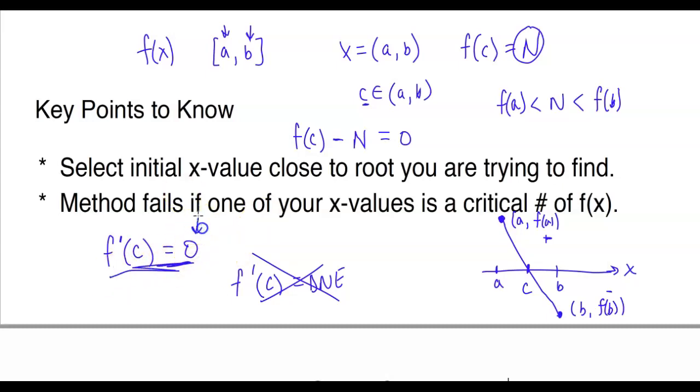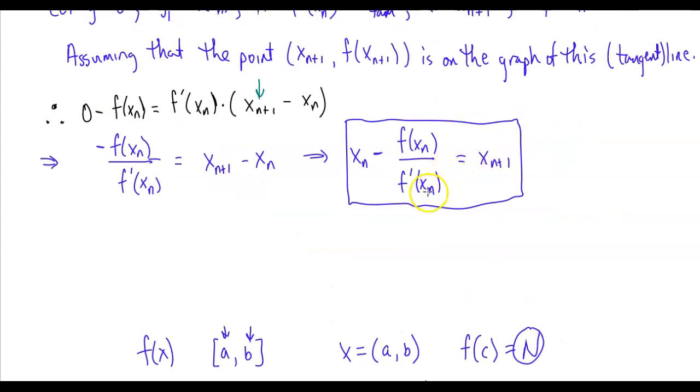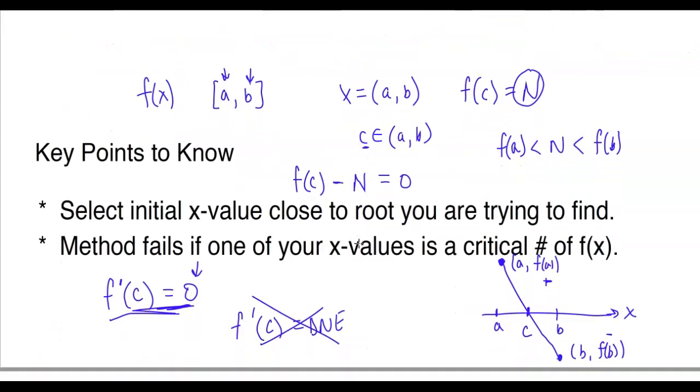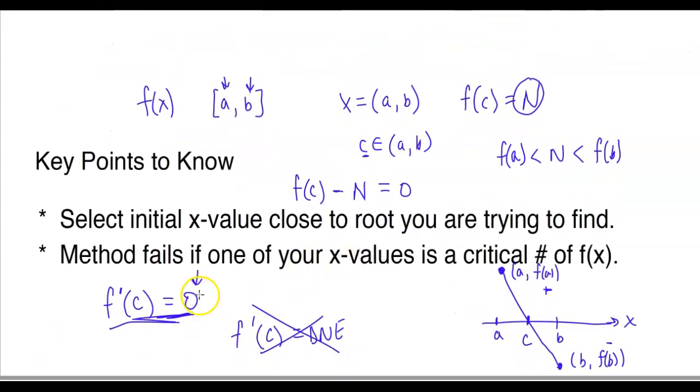Now, remember that the derivative of this function at this x value is equal to 0. And if we go back up to our formula here, notice that we don't want f prime of whatever x value we plug in to be 0. A critical value is a value of x that we plug into the derivative and it actually ends up equaling 0. So we don't want that, okay?